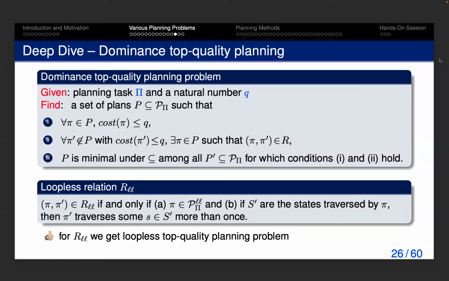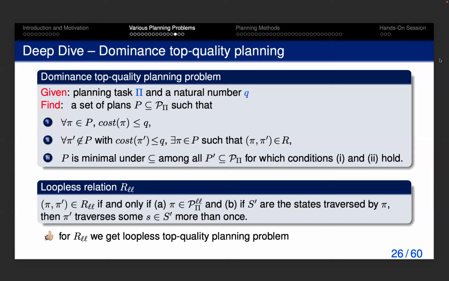This relation is not as nicely mathematically written as the previous ones, but it basically says, okay, so two plans are in RLL if and only if the first one is loopless, and the second one traverses at least one of the states of the first plan more than once, right?